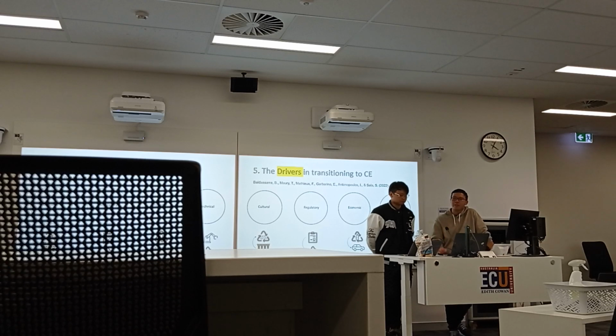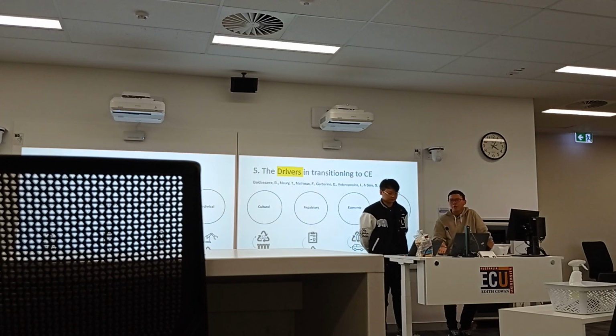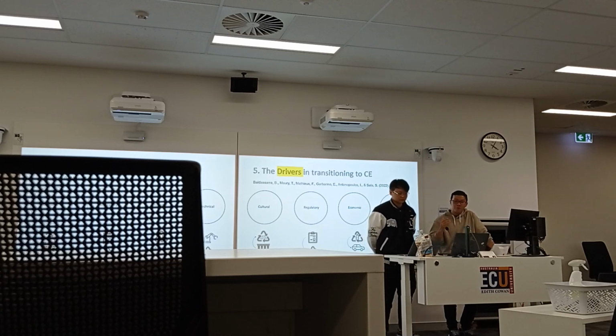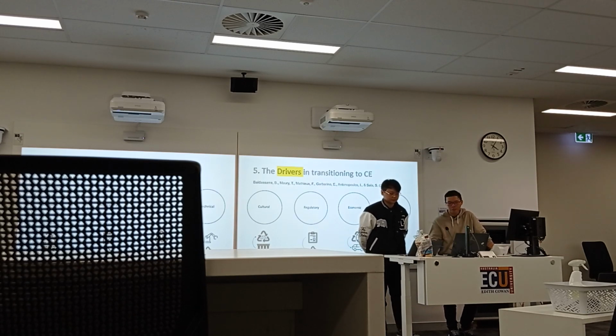And finally, the technical one. There is a very promising technique to recycle plastic, which is using chemicals. But right now, using chemicals to recycle plastic will damage the environment because it causes a lot of pollution. So if we can somehow improve the technical aspect of recycling plastic, this can also help the transition to a circular economy.